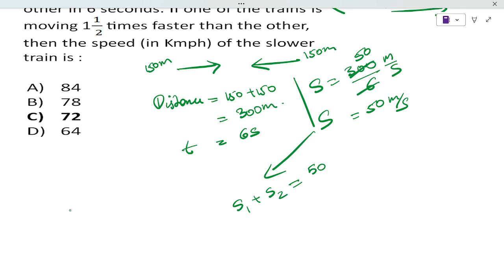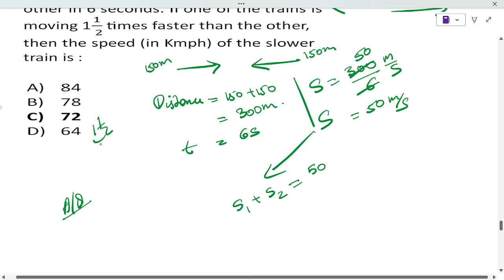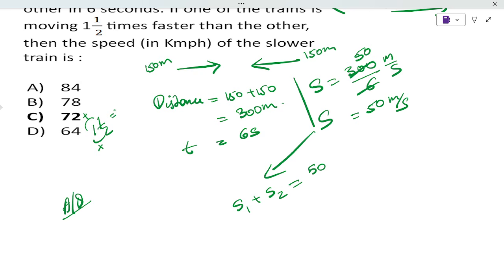As per the question, one train is 1/2 times faster. That means 2 into 1, 2, 2 plus 1, 3 by 2. So one train is 3 by 2 faster than the other one.